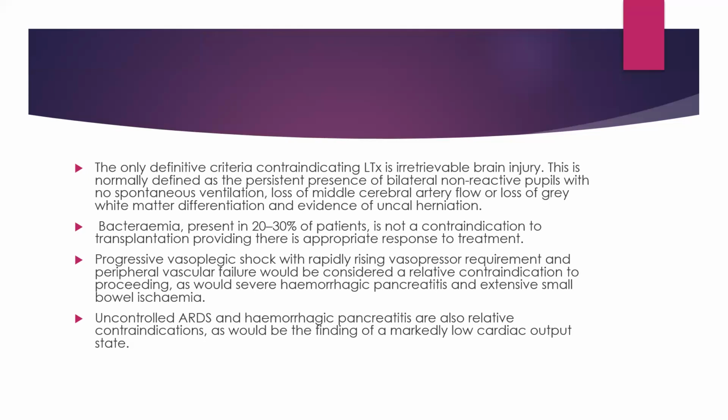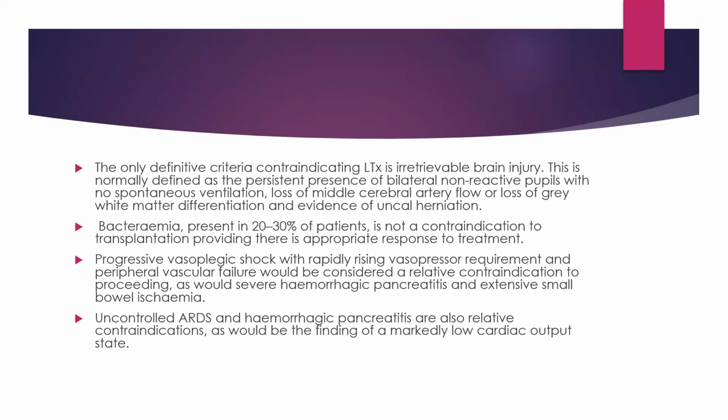This is normally defined as persistent presence of bilateral non-reactive pupil with no spontaneous ventilation, loss of middle cerebral artery flow, or loss of gray white matter differentiation, and evidence of uncal herniation. Bacteremia, present in 20 to 30% of patients, is not a contraindication to the transplantation, providing there is an appropriate response to antibiotics.